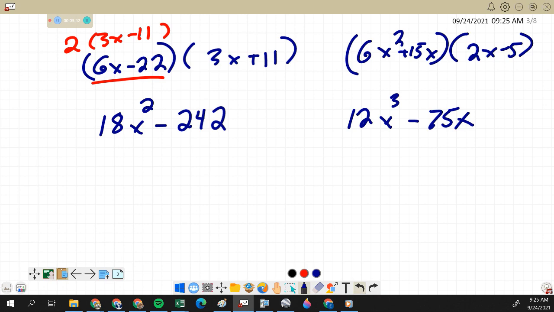What do these have in common? A 3 and an x. So let's pull out a 3x. What's left? 2x plus 5. And there you see the conjugates. So it turns out there were conjugates underneath there all along. We just couldn't see them because they were hiding underneath another problem.